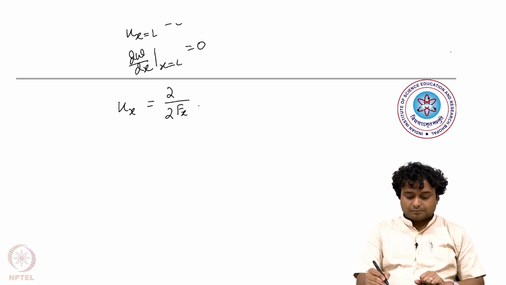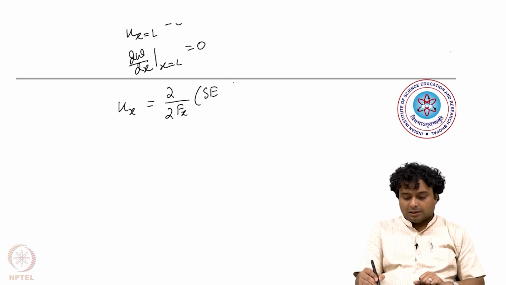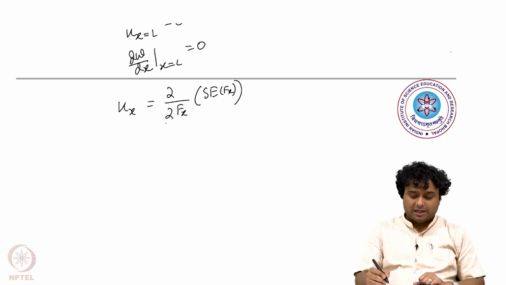According to Castigliano's theorem, ux is equal to the partial derivative of the strain energy with respect to Fx. Now, what is this Fx? Fx is the force in x direction. What is the force in x direction at x equal to L?